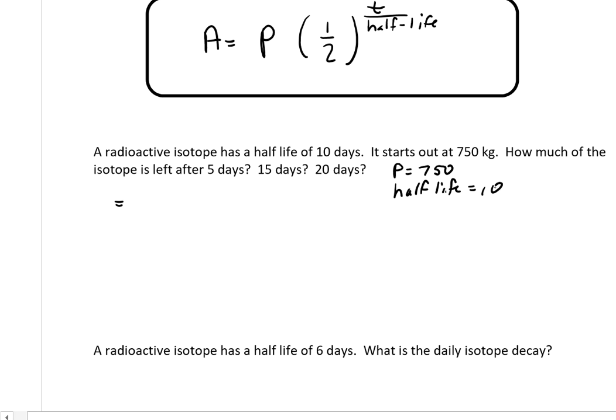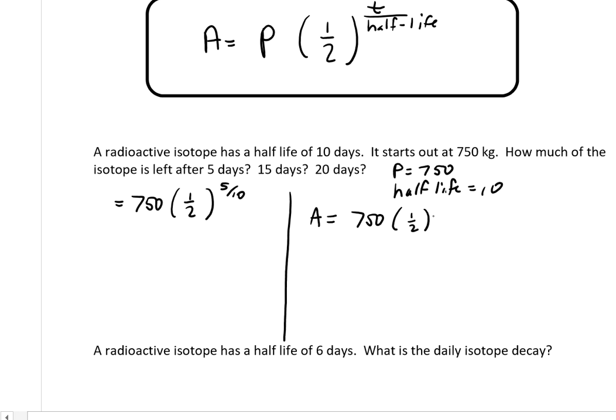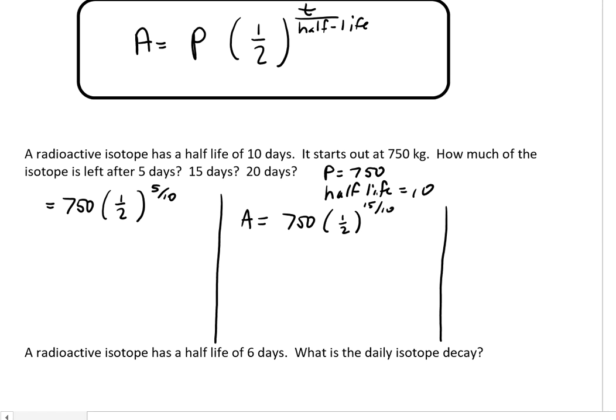Okay, so for my 5 days, I'm going to have 750 times 1/2 to the 5 over 10, which will be 1/2 as well. For the 15 days, I'm going to have 750 times 1/2 to the 15 over 10. 20 days, 750 times 1/2 to the 20 over 10.